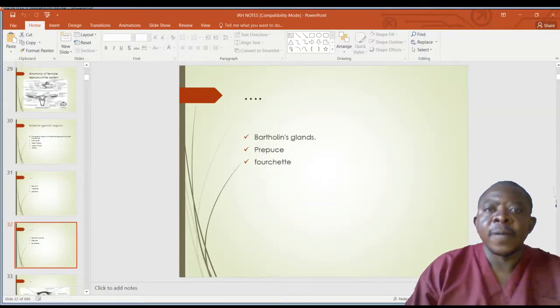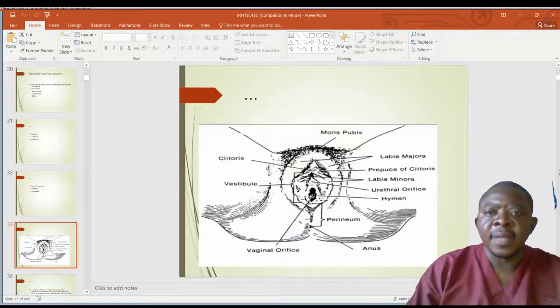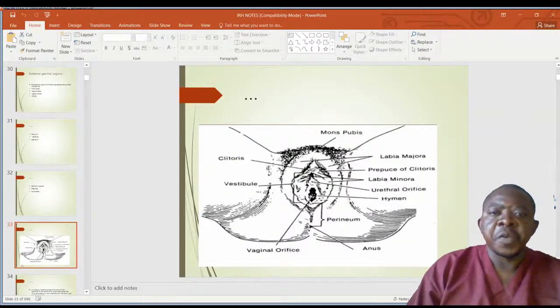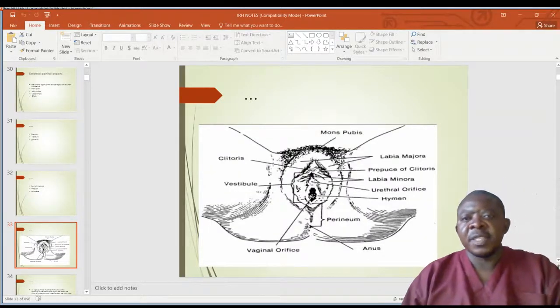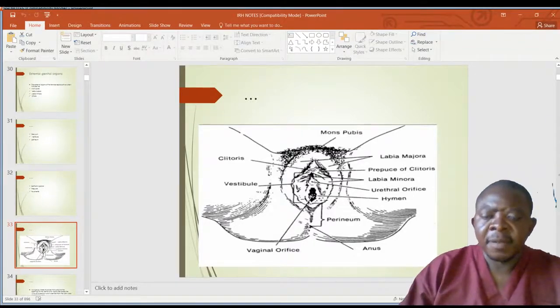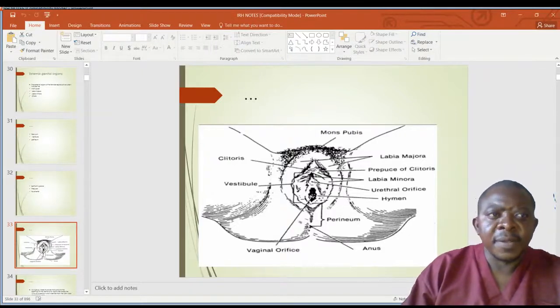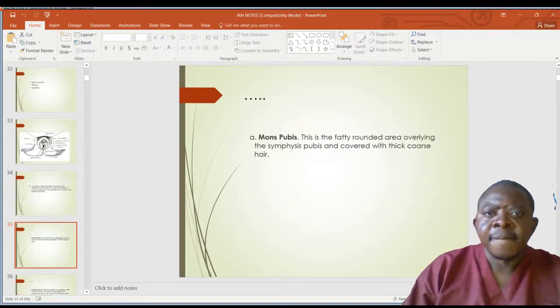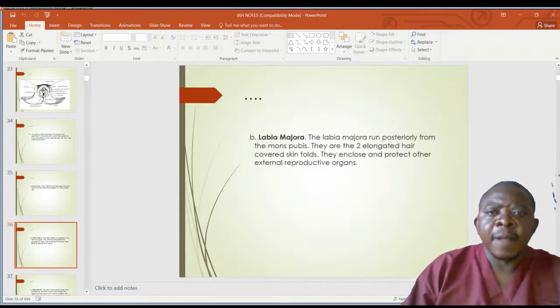Okay, so we have mentioned those, and we have also shown the diagrammatic representation of the external organs of the female reproductive system. Then we have also added some details about these parts of the female reproductive system.